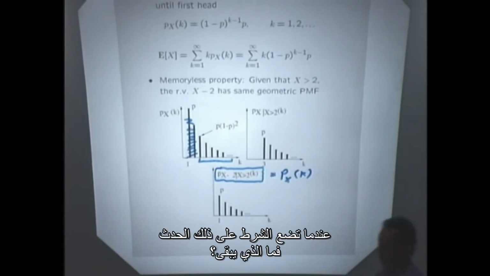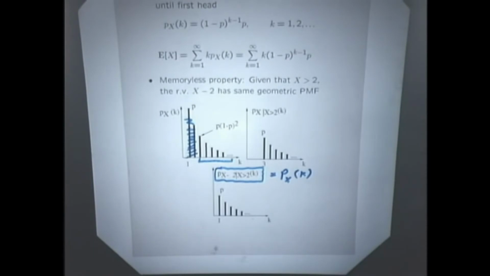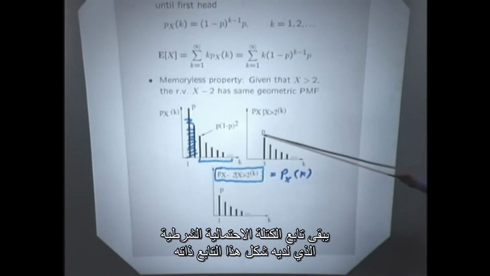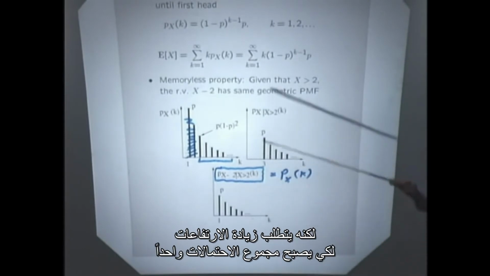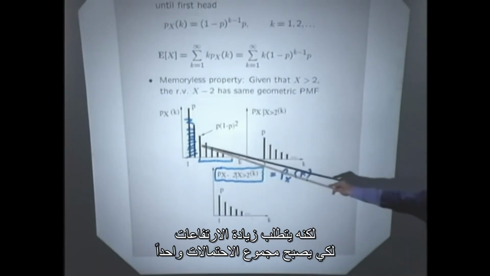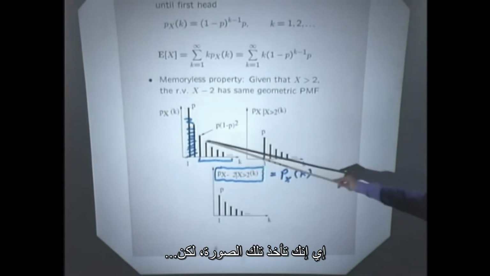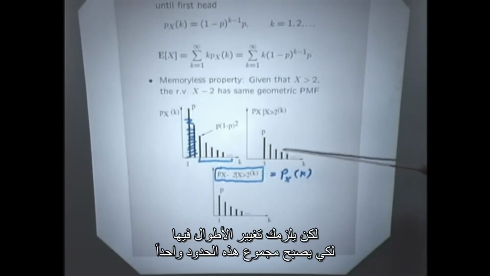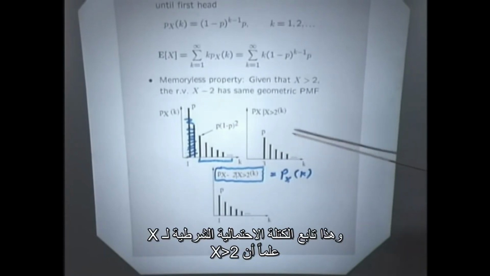When you condition on that event, what's left is the conditional PMF, which has the same shape as this one, except that it needs to be renormalized so that the probabilities add up to 1. So you take that picture, but you need to change the heights of it so that these terms add up to 1. And this is the conditional PMF of x, given that x is bigger than 2.